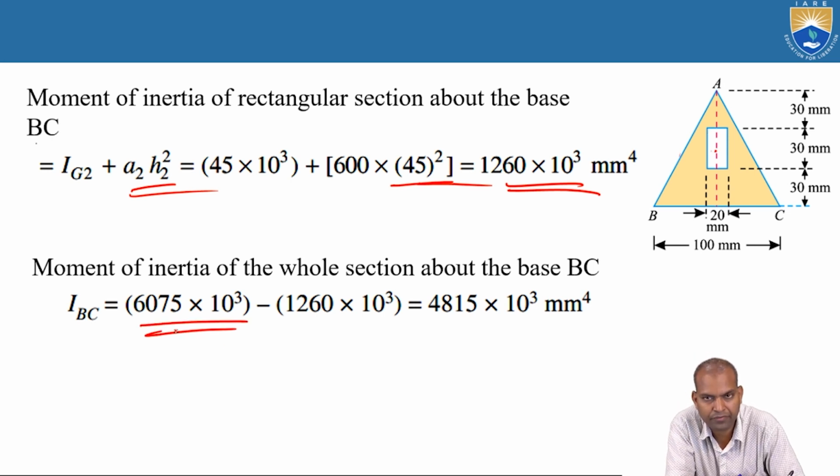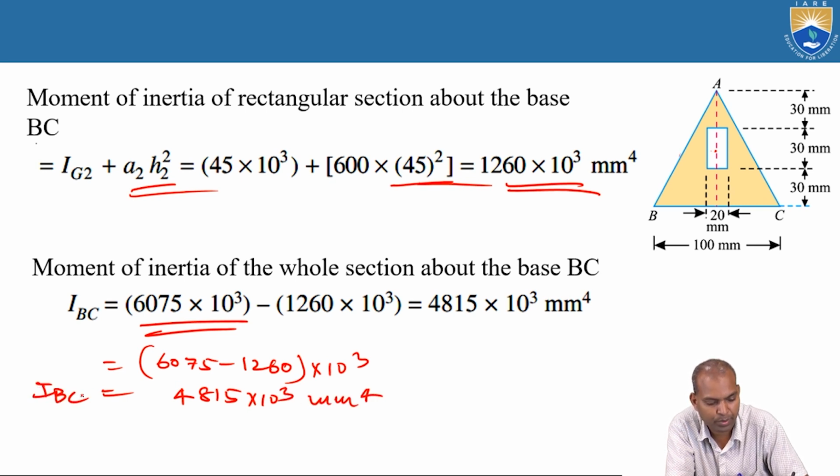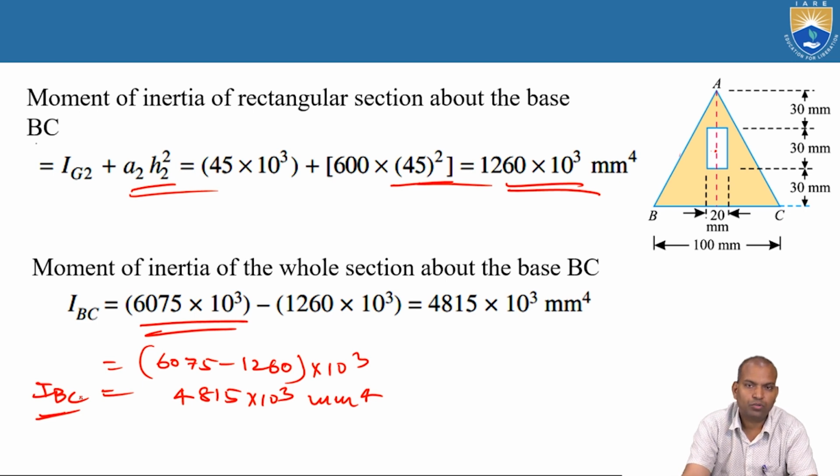That is 6075 times 10 cubed minus 1260 times 10 cubed. Make it common: 6075 minus 1260 times 10 cubed. If you subtract 1260 from 6075, it becomes 4815 times 10 cubed millimeter to the power 4. That is the moment of inertia of the whole section about the base BC.